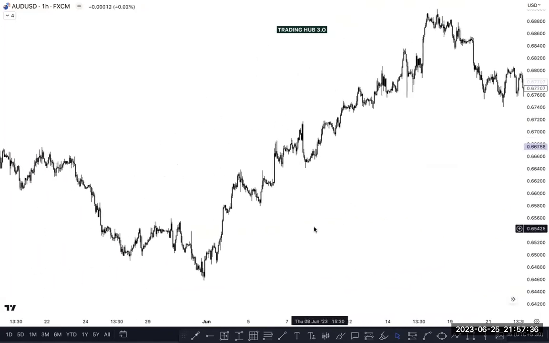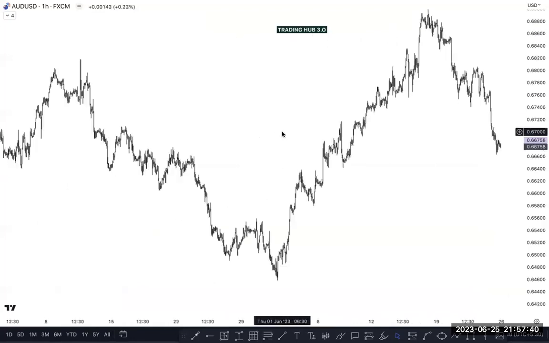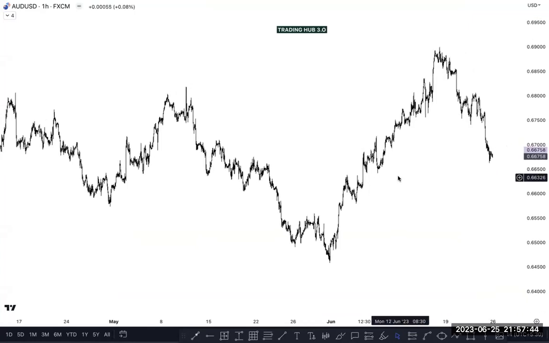So which part would you like to backtest in this scenario? Which pair, which part would you like to backtest here?